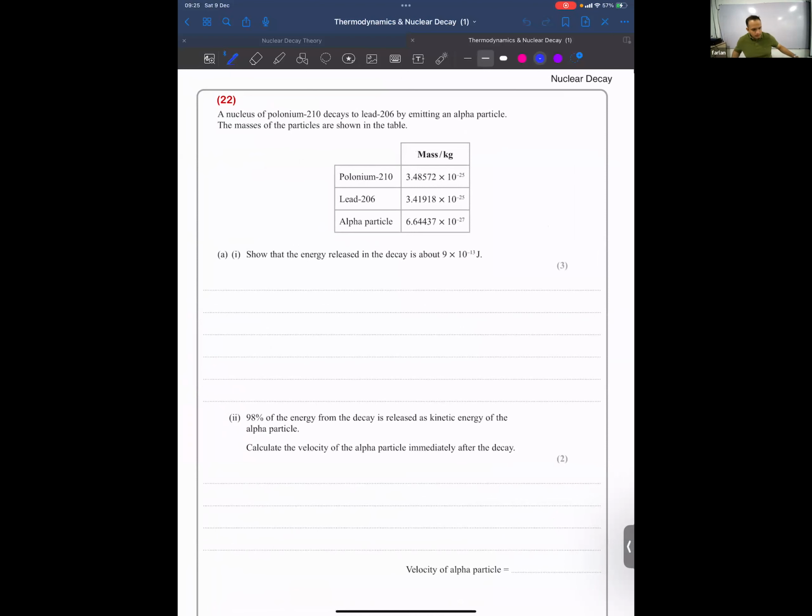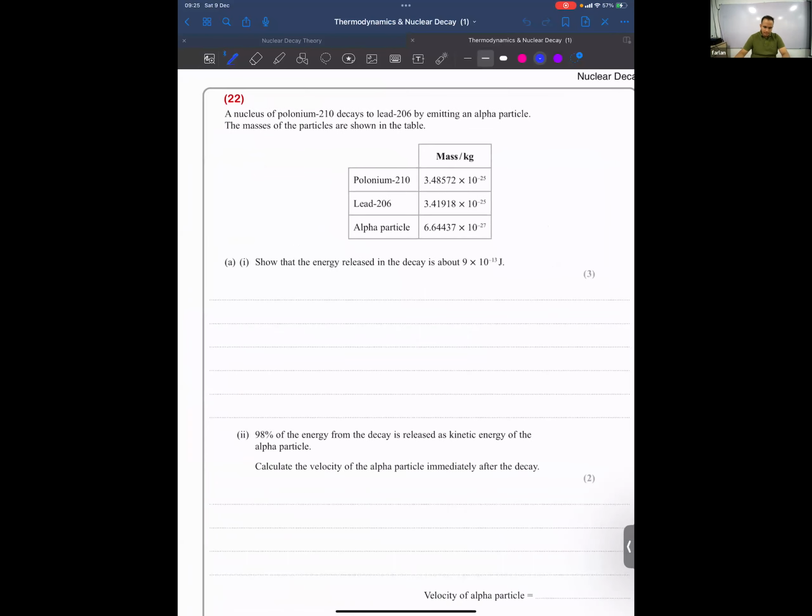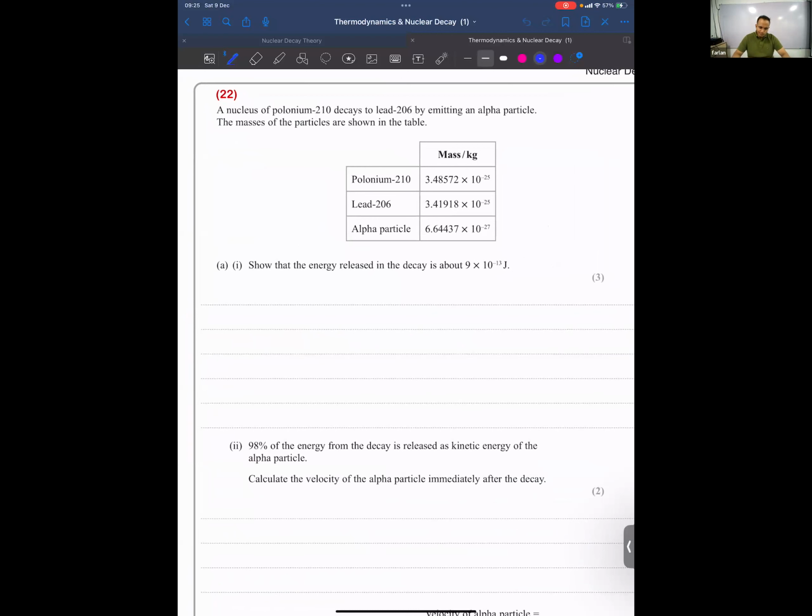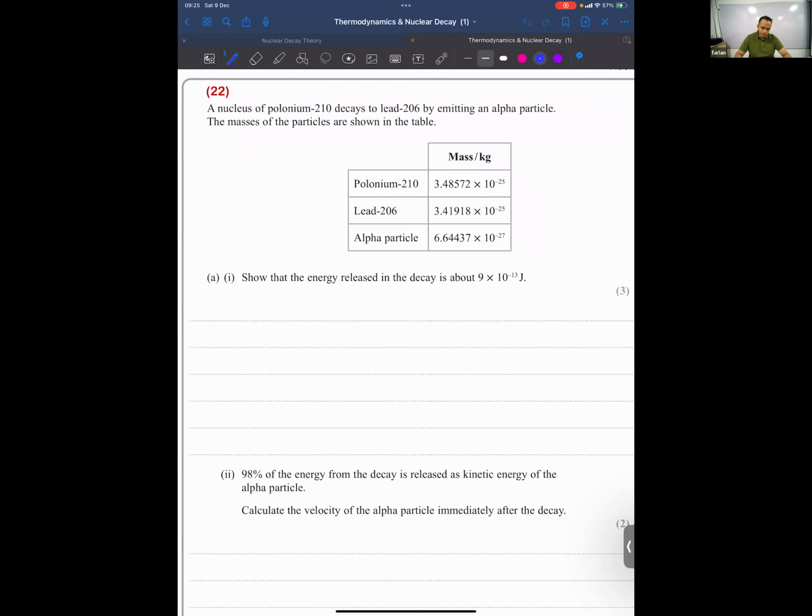A nucleus of polonium 210 decays to lead 206 by emitting an alpha particle. The masses of the particles are shown in the table below.